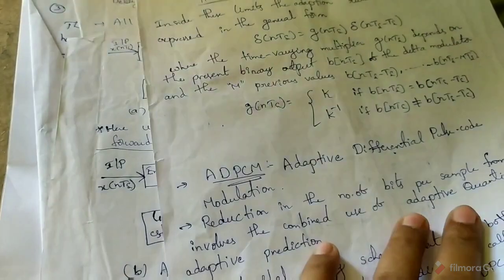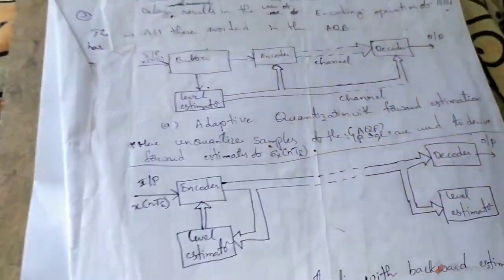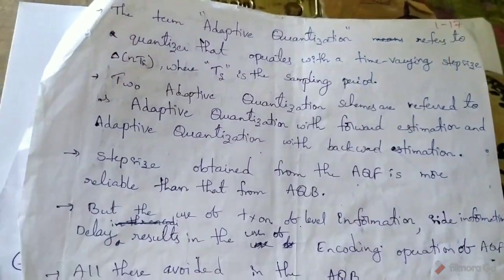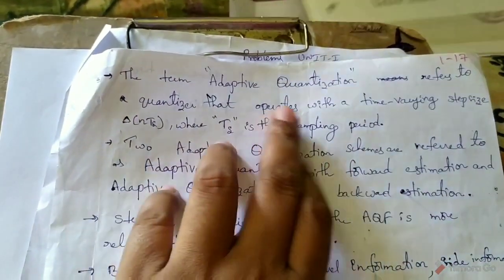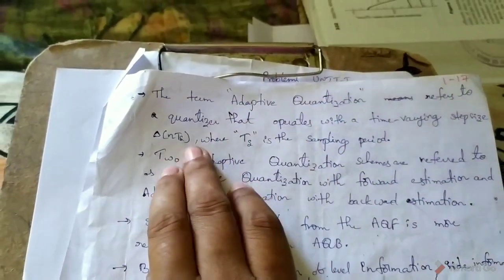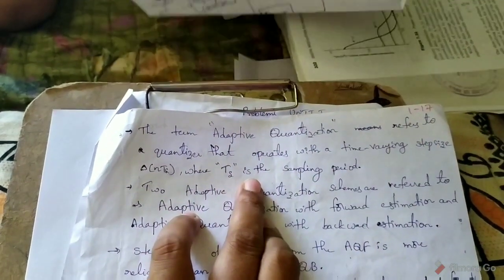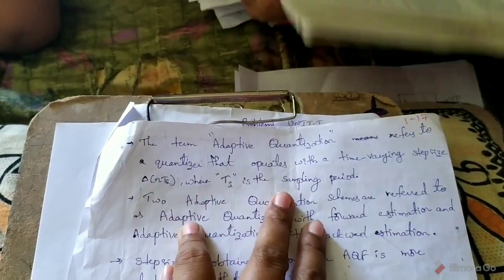So what are the diagrams involved in this ADPCM that we will see here? The term adaptive quantization refers to a quantizer that operates with a time varying step size delta(nTs), where Ts is the sampling period.